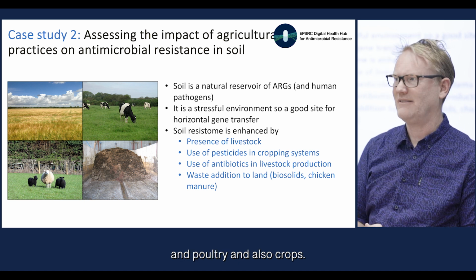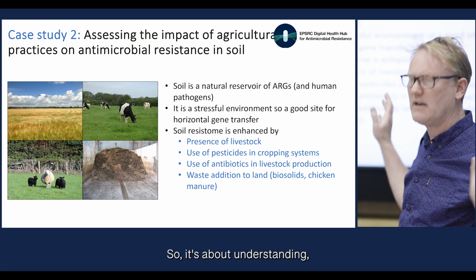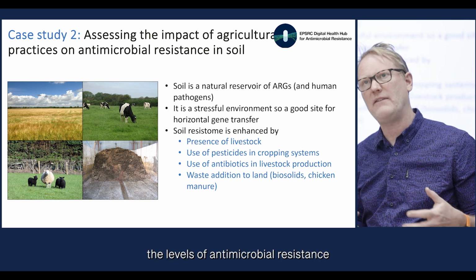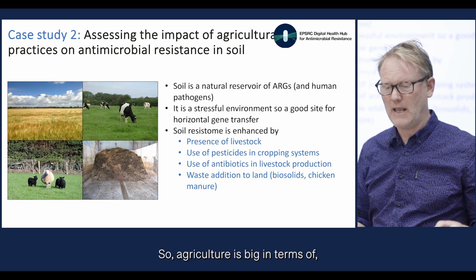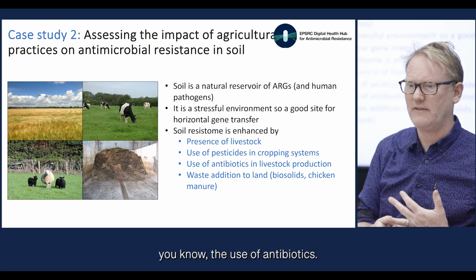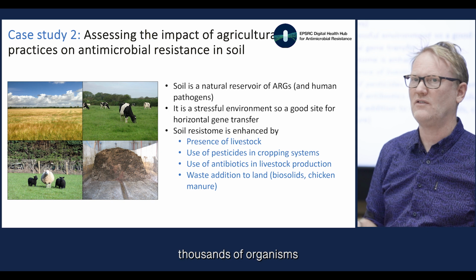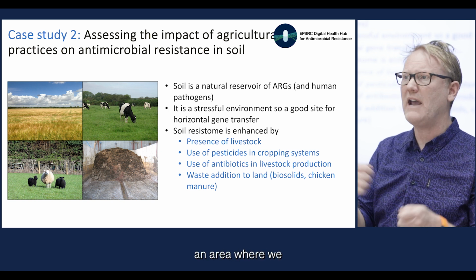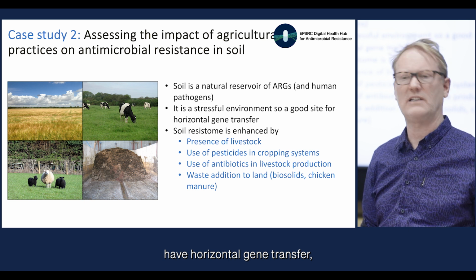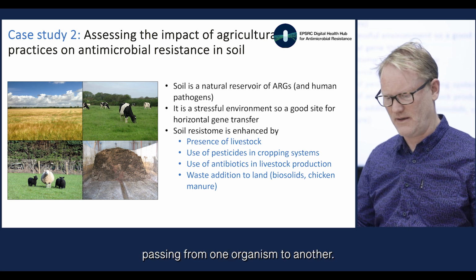Case study 2 is about cows and sheep and poultry, and also crops. So it's about understanding the levels of antimicrobial resistance and the impact of agriculture. Agriculture is big in terms of the use of antibiotics, but soil also contains thousands of organisms that naturally contain these genes. And it's an area where we have horizontal gene transfer, antimicrobial resistance genes passing from one organism to another.